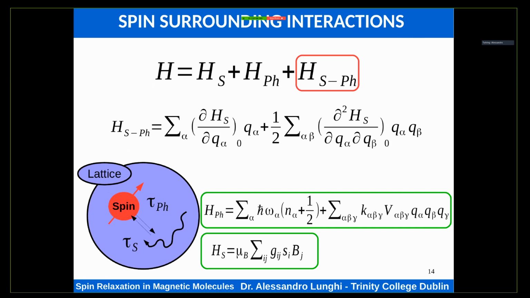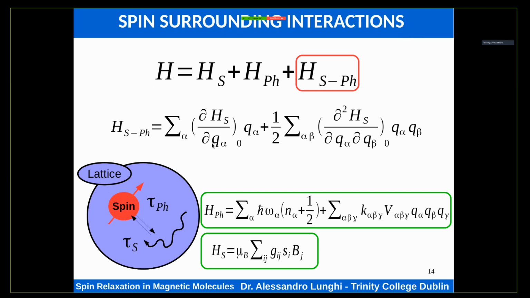Thanks to this term here, you can have an exchange of energy between the two. Usually, what we do at this stage is to invoke the weak coupling regime. So we model the spin-phonon Hamiltonian as a Taylor expansion of the spin Hamiltonian, HS, with respect to the normal modes, so the vibrations of the lattice.